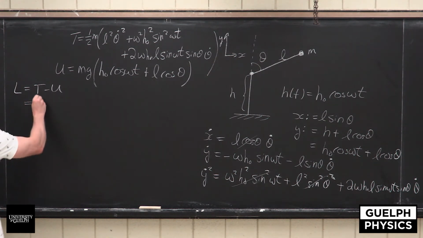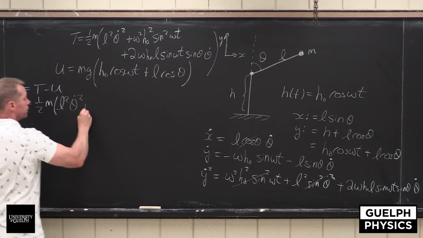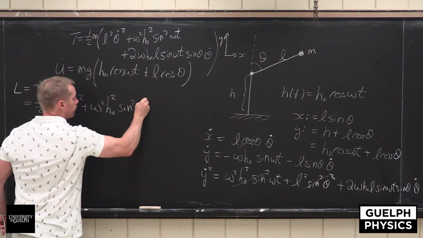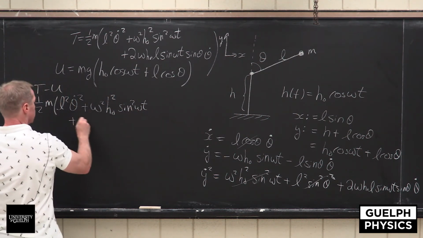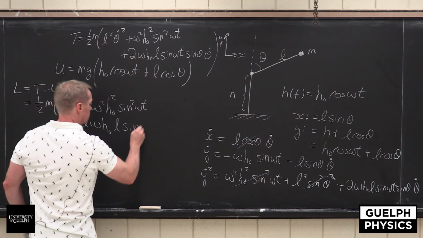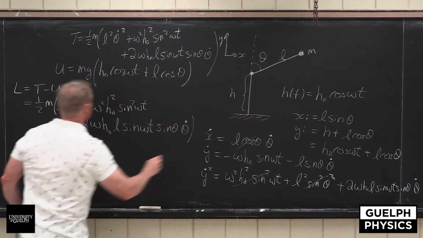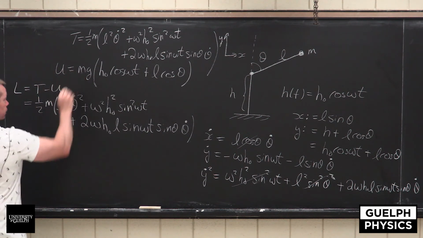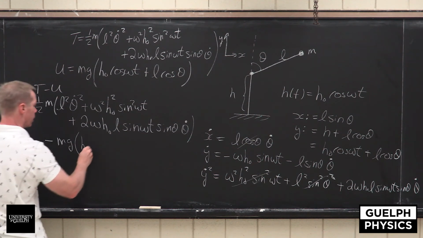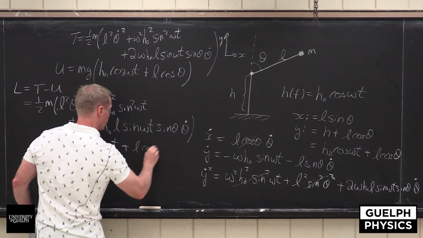One step at a time. 1/2 m L squared theta dot squared, plus 2 omega h naught L, and now it's minus U, so minus mg h naught cos omega t plus L cos theta.